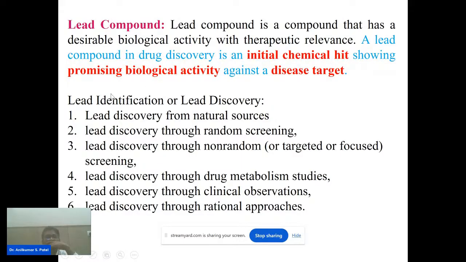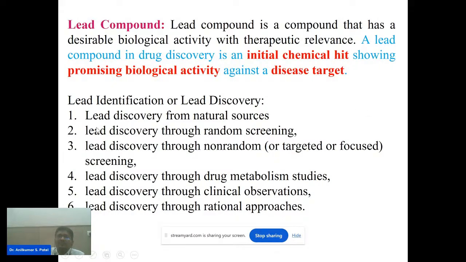Firstly, lead identification can be possible through natural sources. A natural compound can be studied for its pharmacological actions, identifying the phytoconstituents present in the molecules, and then going for discovery.